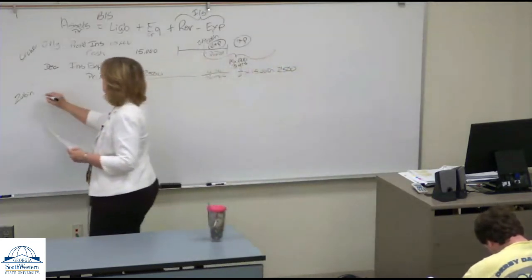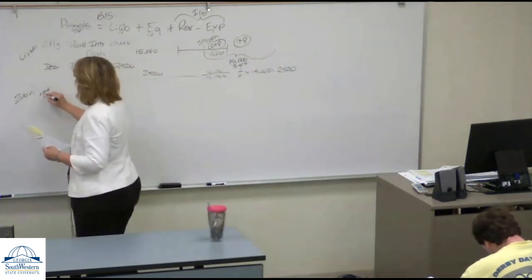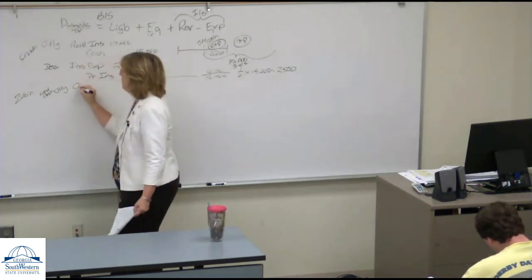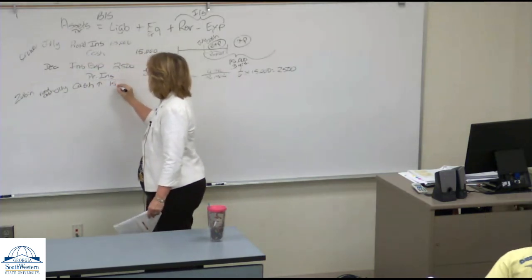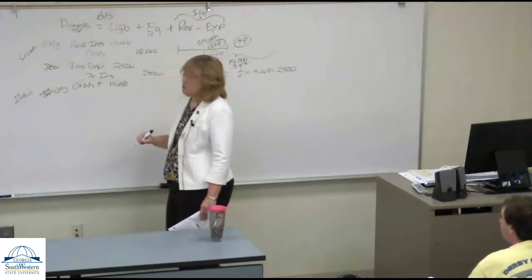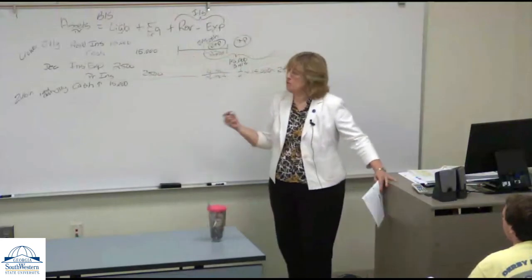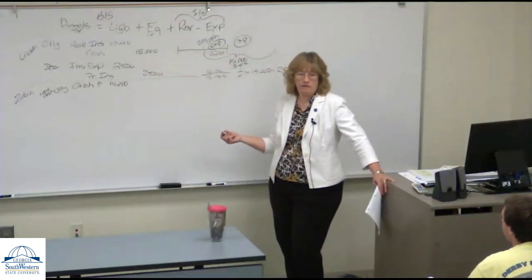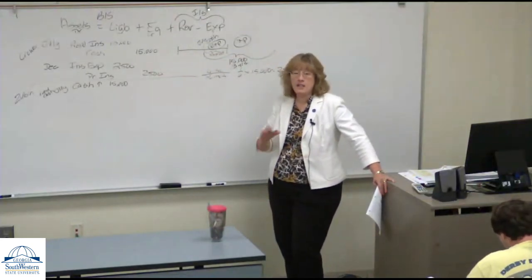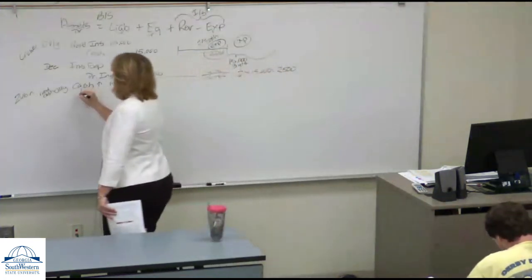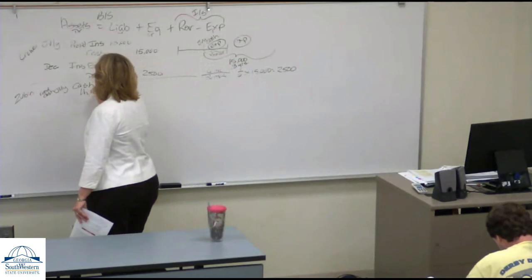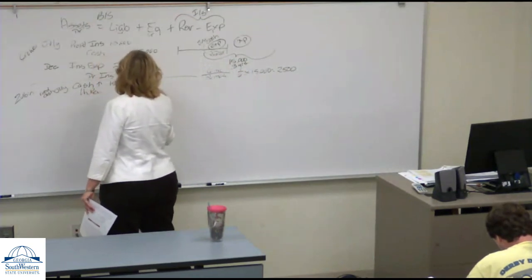When we received the cash in July, we're going to debit cash because our cash went up for 15,000. And what are we going to credit? Insurance revenue? Unearned revenue. Because it's paid at the beginning of the period and we haven't earned anything. So we're going to credit unearned revenue for the entire $15,000.